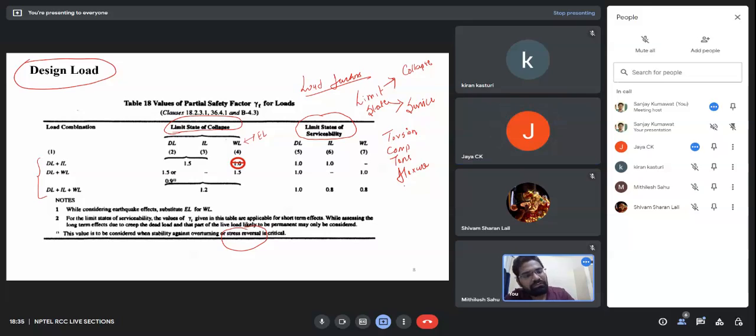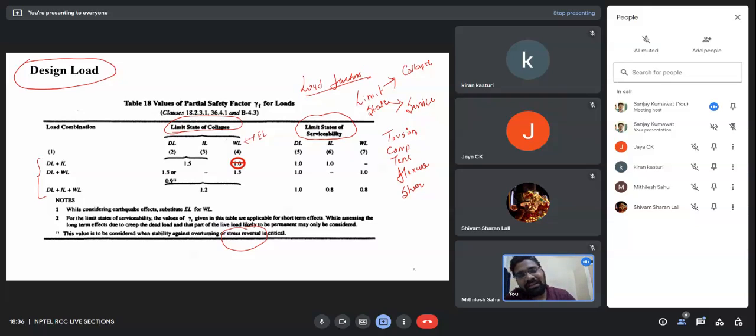Shear, yes, very good. So these are all the limit states of collapse for which we do these load calculations. And the other one is limit state of serviceability, which is nothing but the deflection criteria. So we do it for safety purposes to check the deflections.